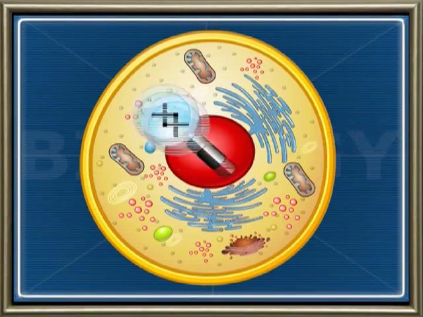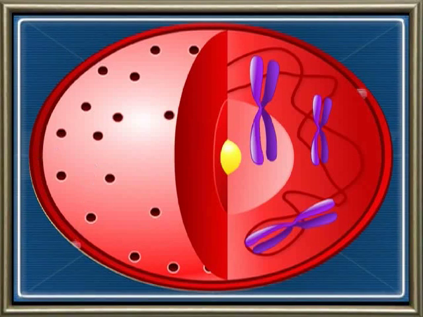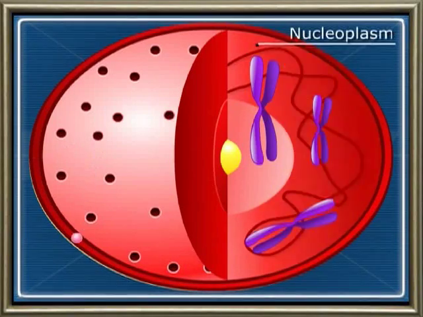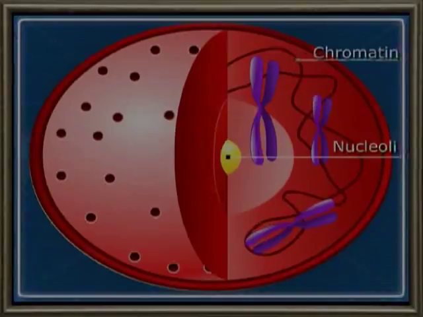The nuclear membrane has a number of pores facilitating exchange of materials between nucleus and cytoplasm. Inside the nucleus, the cytoplasm is termed as nucleoplasm. In the nucleoplasm, the chromatin and nucleoli are suspended.